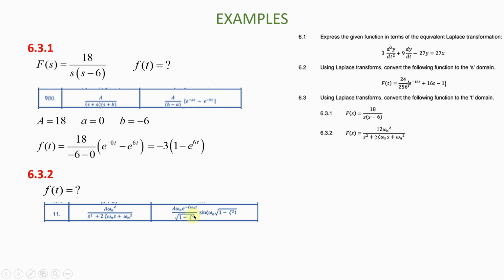And so we will come here now where we have the function in the time domain, and we will just replace this A by 12, because everything else is not something that you need to replace, okay? Everything else pretty much remains like that. And so if we do that, then f(t) becomes this. That is what it is. It's as simple as that. That's all you had to do for this question.